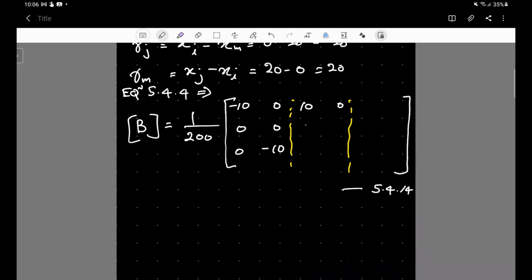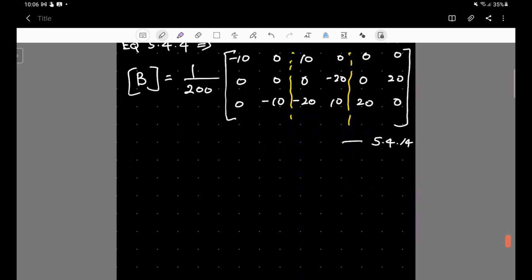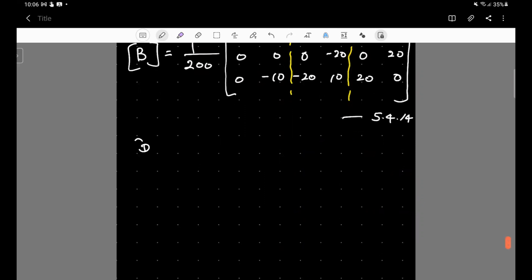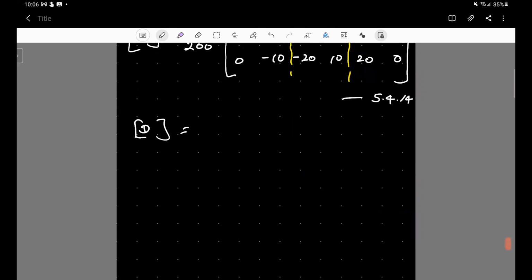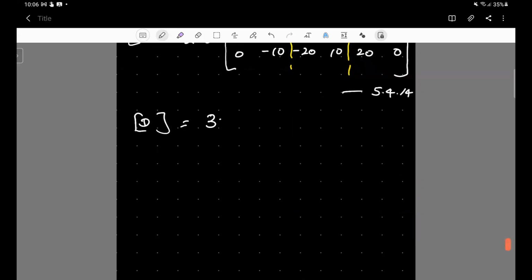10, 0, 0, minus 20, minus 20, 10, 0, 0, 0, 20, 20, and 0, 1 over inch. So similarly, we can find the D matrix. I will write down the D matrix without taking more time.